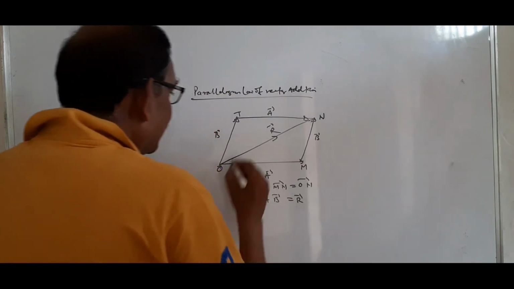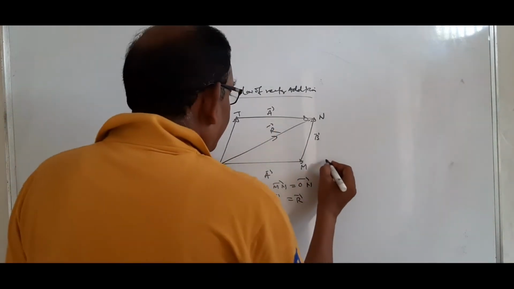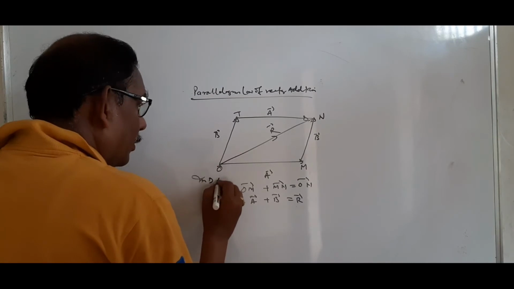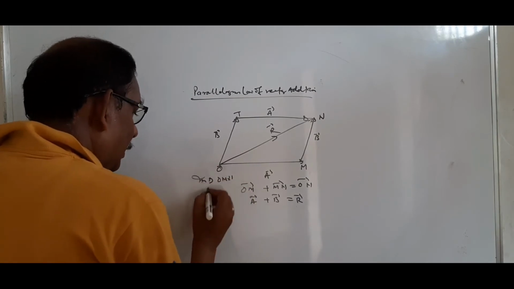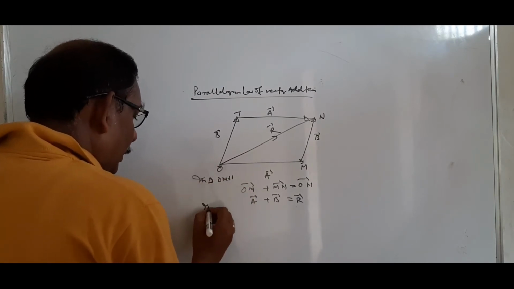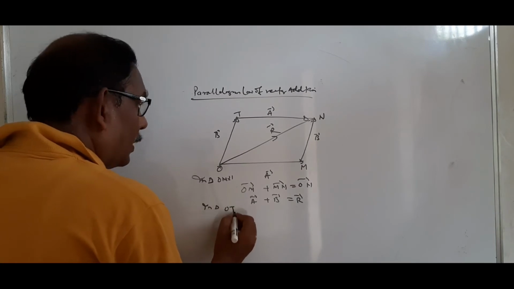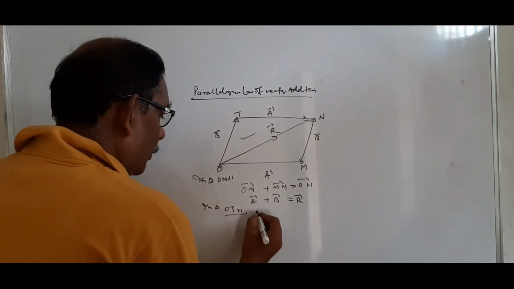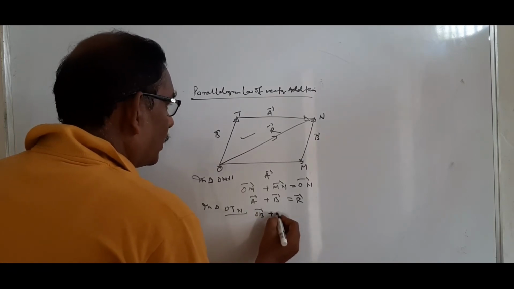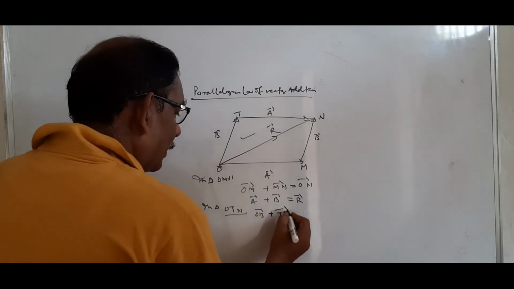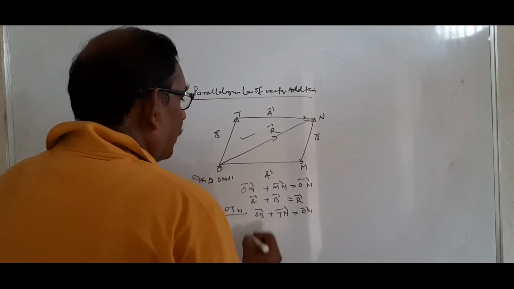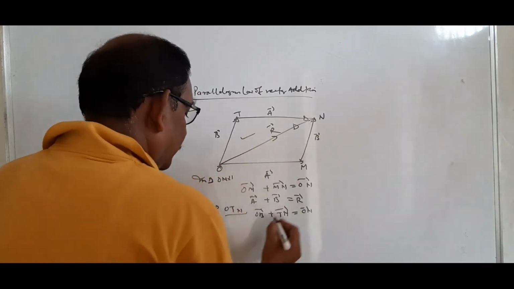Similarly, by taking this triangle, in triangle OMN, now in triangle OTN, this OT plus TN, they are again in the same order. This is equal to ON because this is in opposite order.